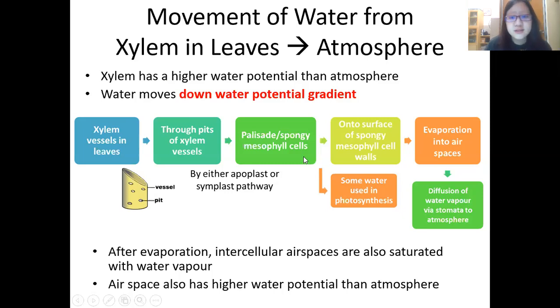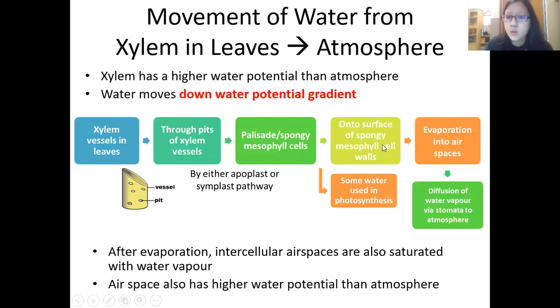But the final goal is, of course, some water is used in photosynthesis, but after they travel, that water will end up on the surface of the spongy mesophyll cell walls. They gather at the surface of the spongy mesophyll cell walls.